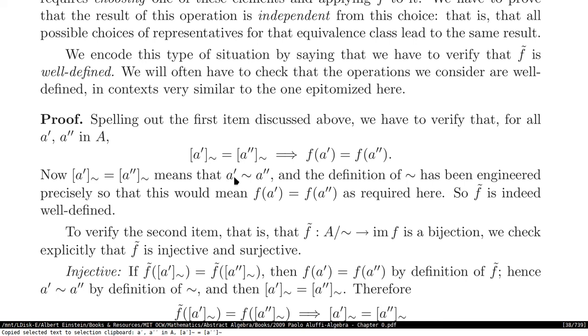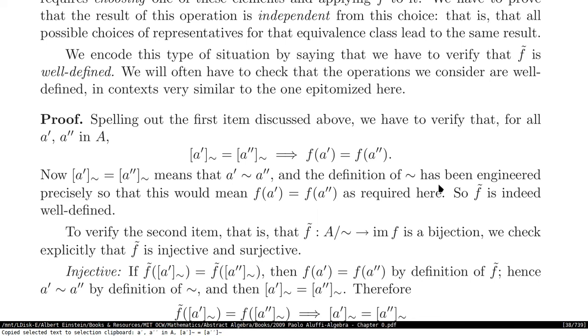So a prime is equivalent to a double prime, and by definition of the equivalence relation, f of a prime is equal to f of a double prime. Their images are also going to be the same. So f tilde is actually well defined.